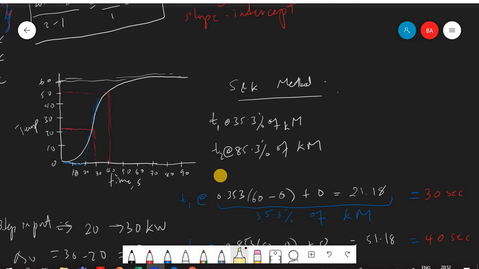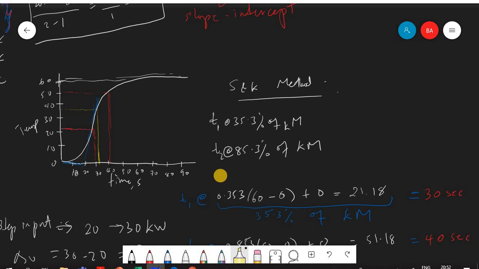Considering 37.92, which is somewhere here, you go down there, and you can see that 37.92 corresponds to a time of about 32.